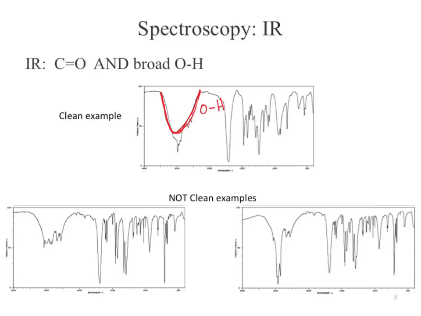Why is it not an acid? If I draw out a carboxylic acid, does it have an OH? Yes, it also has this carbon-oxygen double bond, and it also has this carbon-oxygen single bond. Do those bonds show up at that wave number and that shape? No. So when you look at the spectra, you need to be referencing the bond that's present. In this case, it's an OH bond.